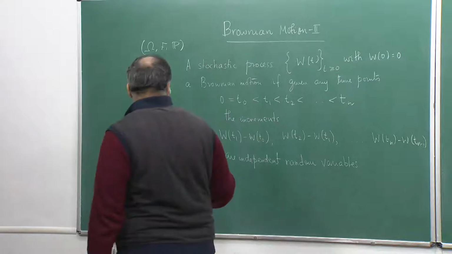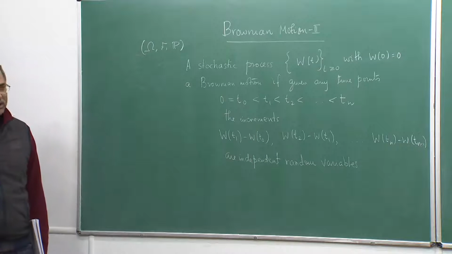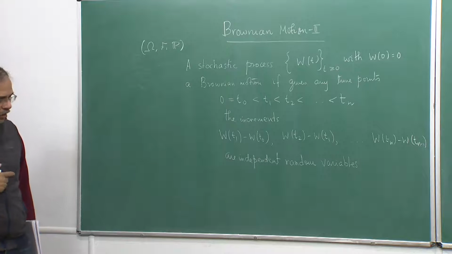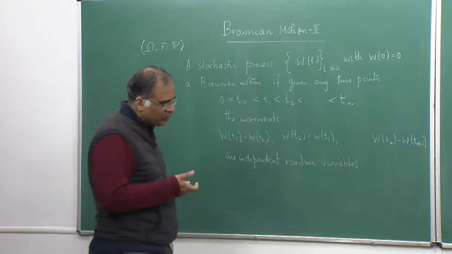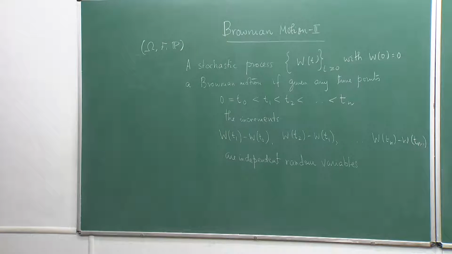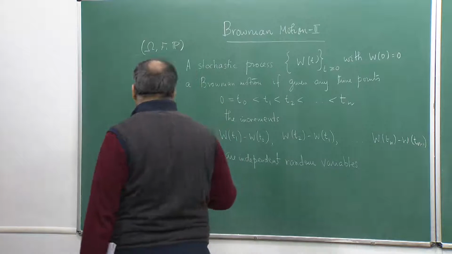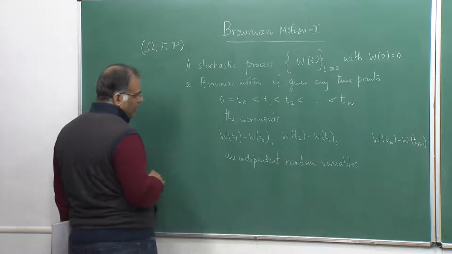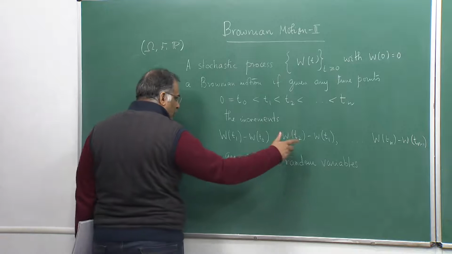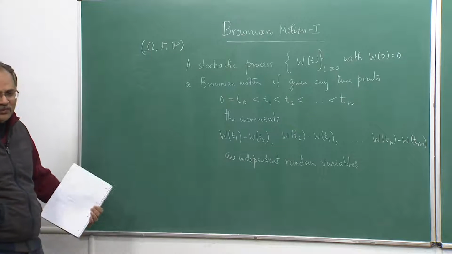Now, independent random variables is one property you know from the symmetric random walk. Also, in the symmetric random walk, the expectation of the increments is 0 and the variance of the increments is the difference between the two time endpoints. Here one can prove through the central limit theorem that these increments follow the normal distribution, which we do not prove because that would take too much time.